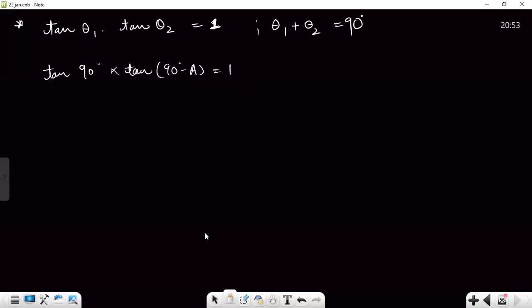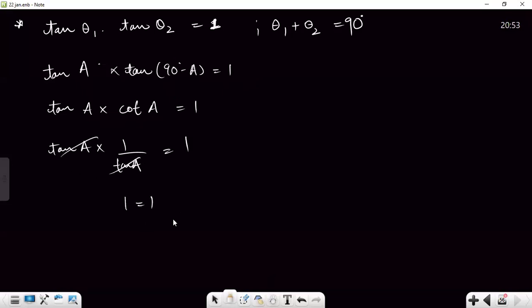Simple. We know tan of 90 minus A is cot of A. We know cot of A is 1 by tan of A, so the product is actually 1.